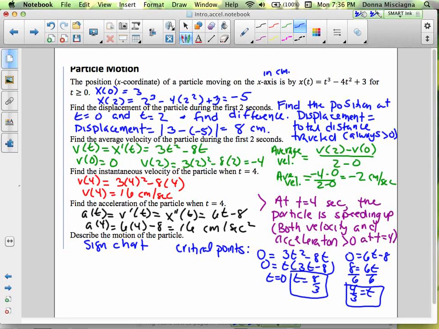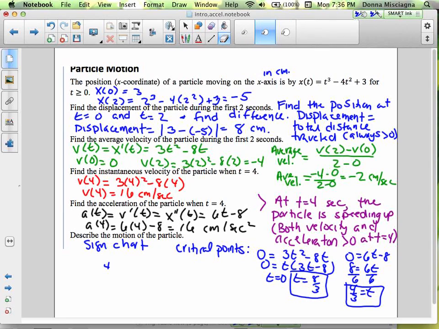It's going to be those two values, the 8/3 and the 4/3. So we have what happens at 4/3 and what happens at 8/3. Now, 8/3, of course, is greater than 4/3.